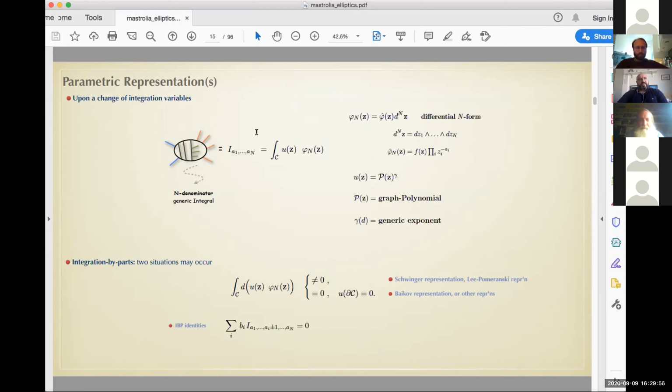In this representation, one can obtain integration by parts identities according to whether the graph polynomial u vanishes or not on the boundary of the integration domain.